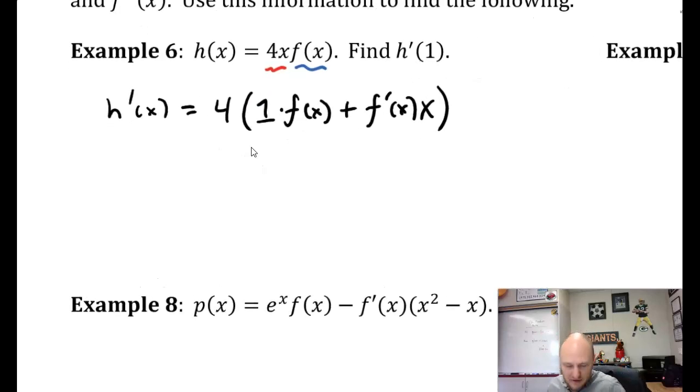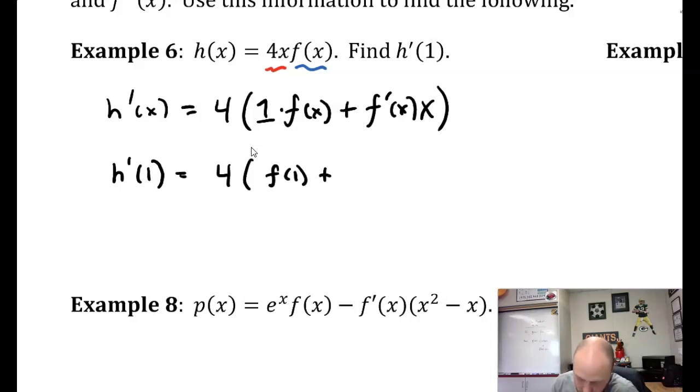So there is my function, and I'm now going to directly plug in 1. H prime of 1. Okay, so let's fill in. Wherever there's an x, we're going to fill in 1. So f of 1 plus, I guess 1 times f prime of 1, which we don't really need to write, but I'll leave that there.